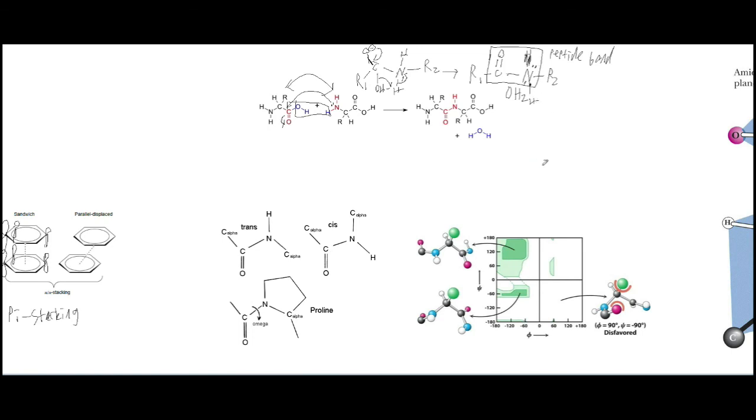I'll redraw it right here. So we have our carbon like that. This goes down to the nitrogen, which has the hydrogen here, and then this goes up to that.